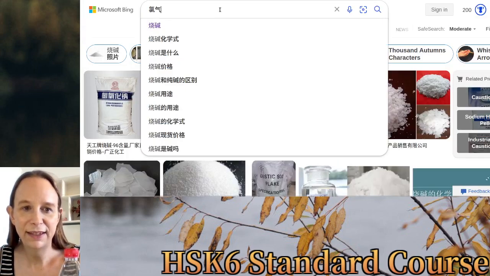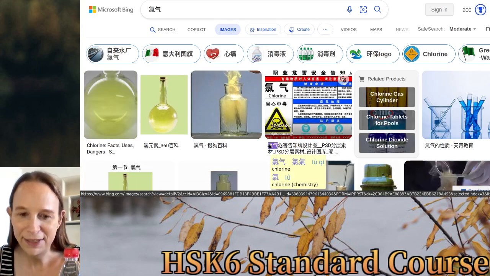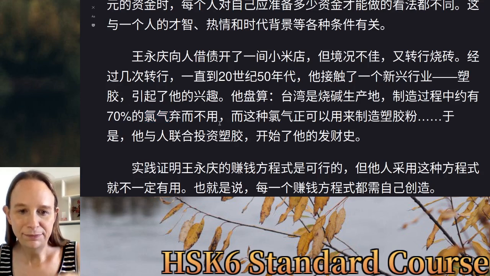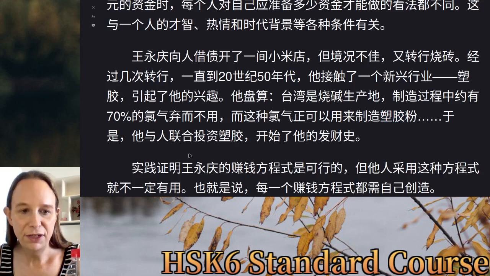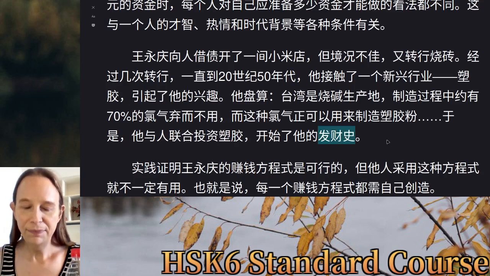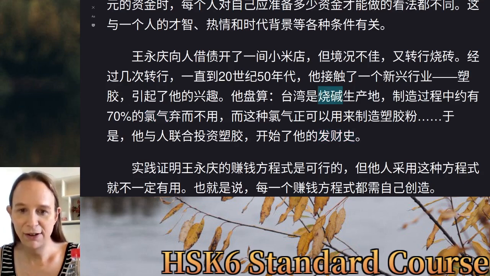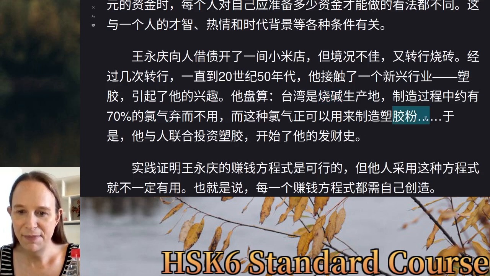So most of the chlorine is unused. 而这种氯气正可以用来制造塑胶粉。于是他与人联合投资塑胶，开始了他的发财史。All right, so he discovered there is chlorine waste from the manufacturing of sodium hydroxide, and this chlorine waste can be used in the manufacturing of plastics and rubbers.